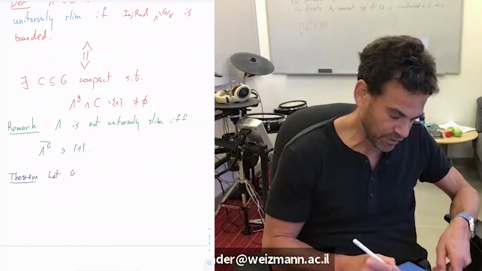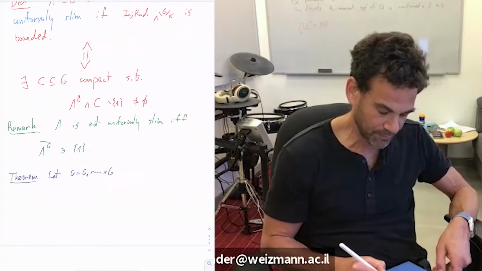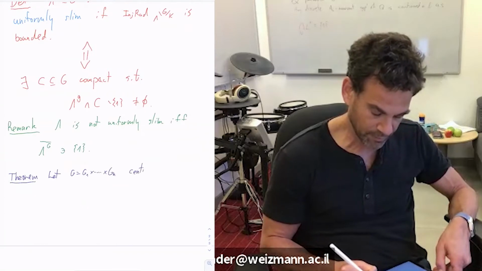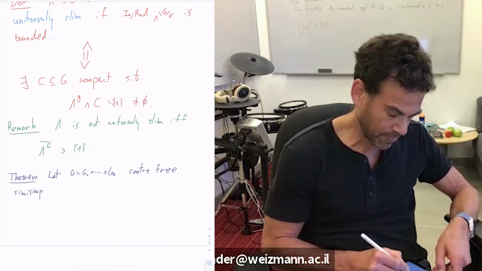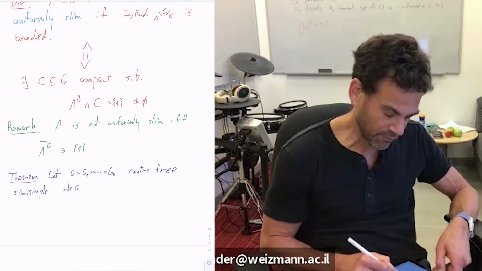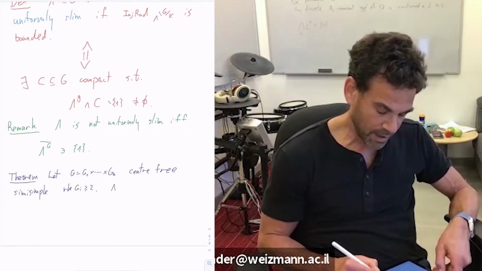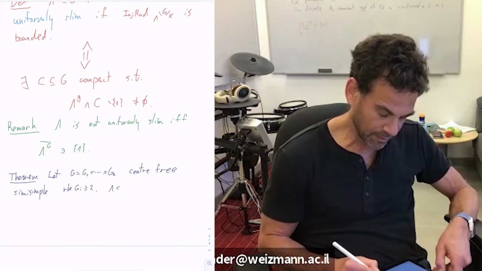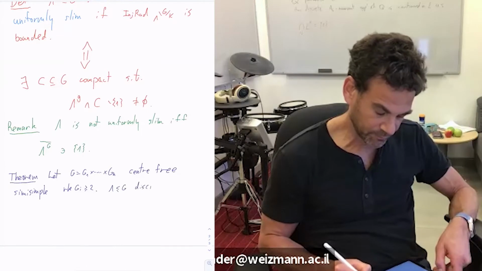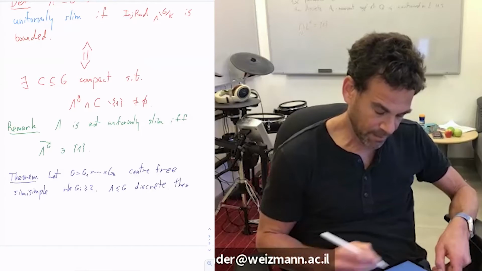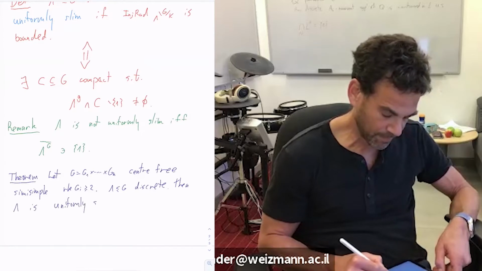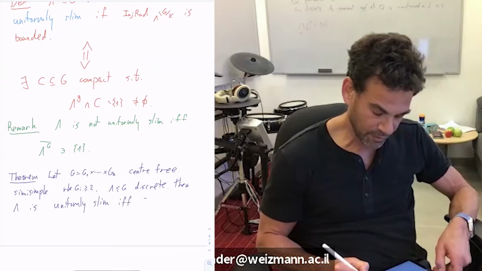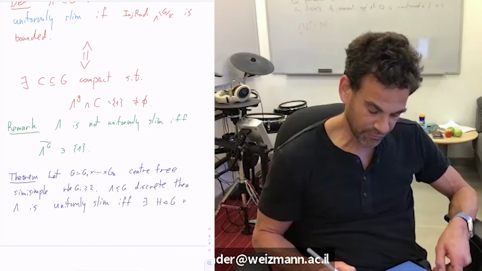So let G be now semisimple, center free, and so connected, and suppose that the rank of each factor is at least 2. Lambda inside G discrete, then lambda is uniformly slim if and only if there is H inside G non-trivial, which is a semisimple factor.